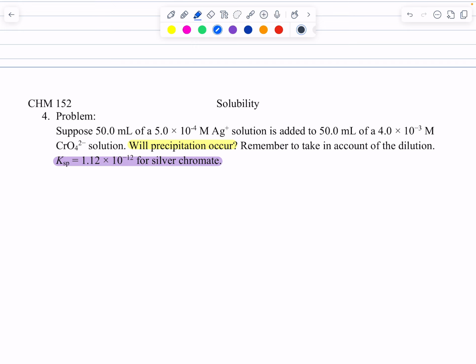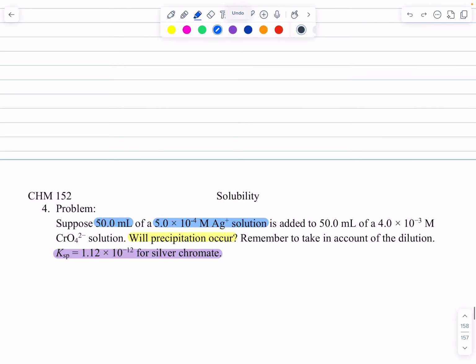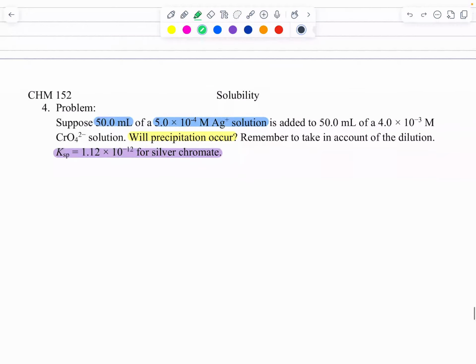And so we have 50 milliliters of that solution, and we have 50 milliliters of that solution. All right, so what do we have? Little picture here. If I have a beaker and a beaker and then a bigger beaker.